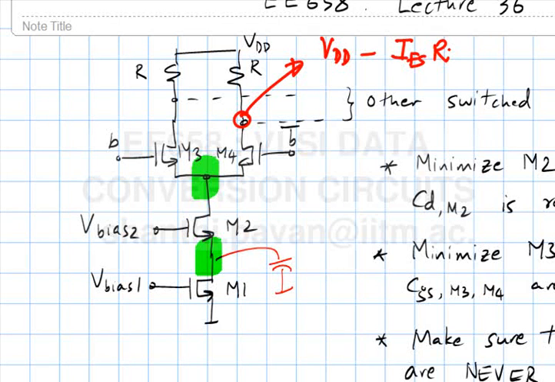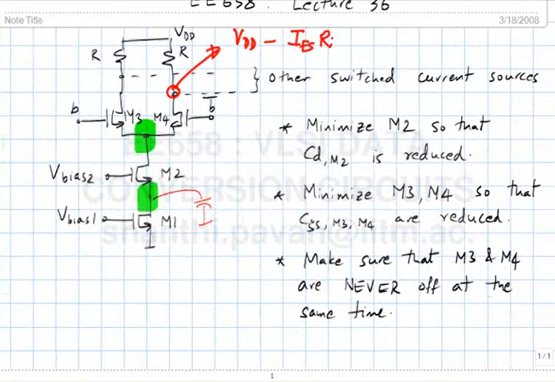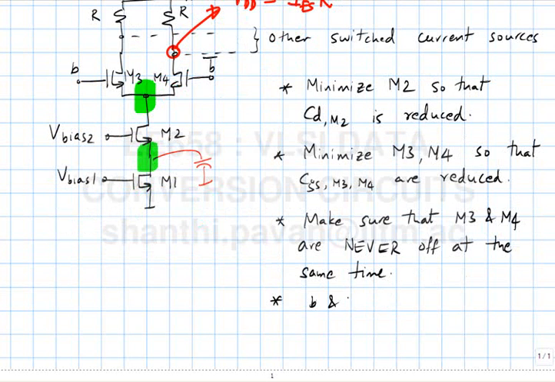If this side is in saturation, automatically the other side will be in saturation because no current is flowing through the other leg. If all the currents are switched this way, this is the lowest that the drain of M4 can go to. And as I said, B and B bar need not be full rail signals.